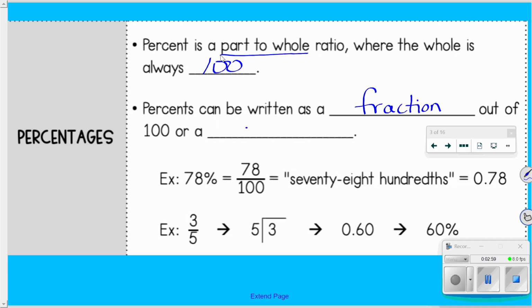I can also write it as a decimal. So on this one, 78%. That's the same as saying 78 over 100, because percent, this sign, it actually shows it. This is a 1, a 0, a 0. The 100 is actually right there in the sign.